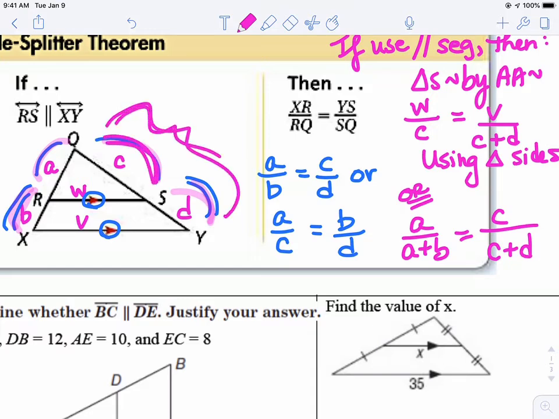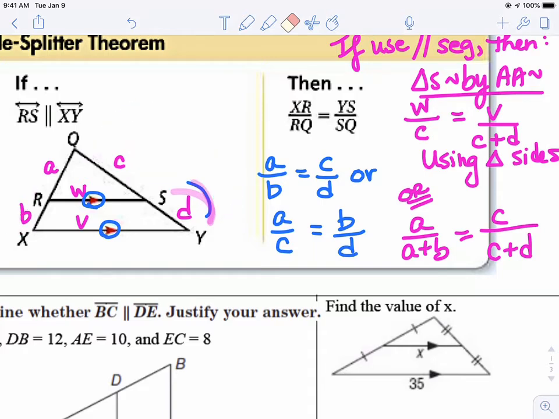That still works because you're using similar triangles. But it's simpler if you know the segment lengths on the sides and that segment is parallel, then you can just use the parts. So A is to B as C is to D.